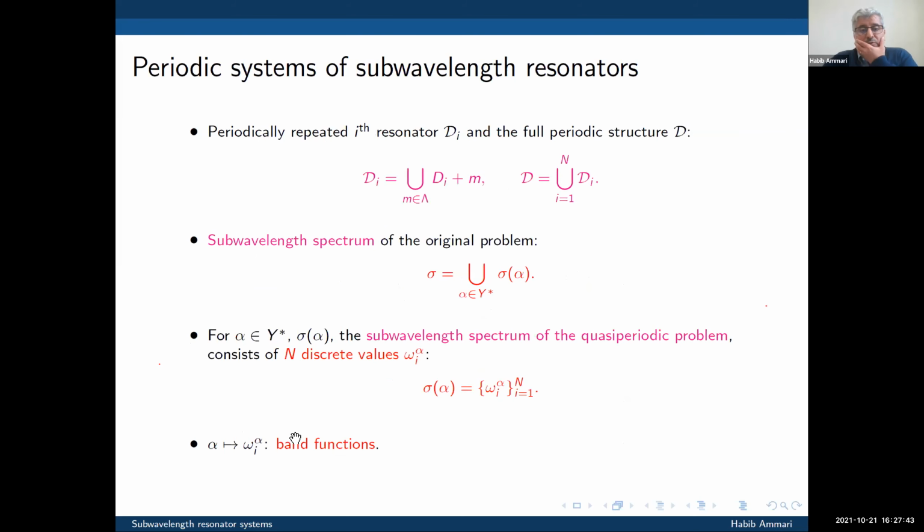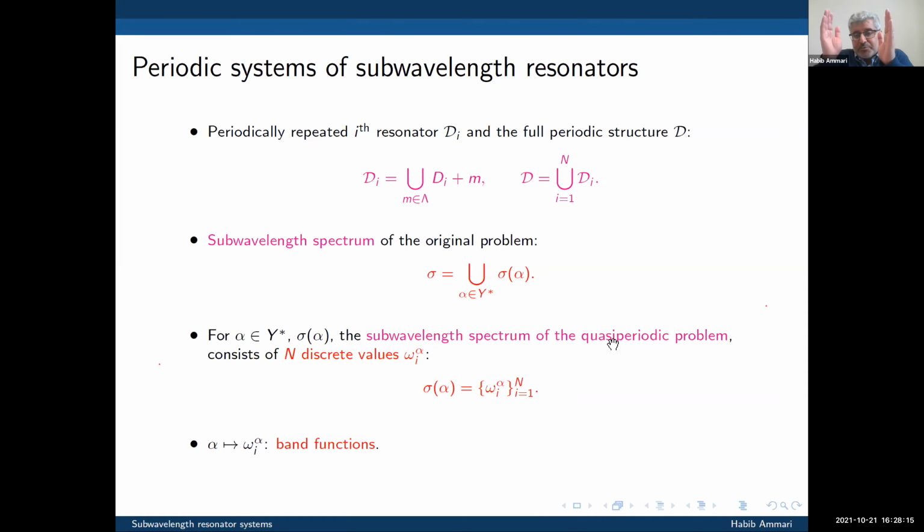Okay, so what we want is to compute the subwavelength spectrum of our original problem. So we have this Helmholtz operator, and we want to compute the subwavelength spectrum of the original operator. This is standard. We can show that the spectrum is the union of the spectra of the quasi-periodic problems, and the subwavelength one is the union of the subwavelength spectrum of the quasi-periodic problems.